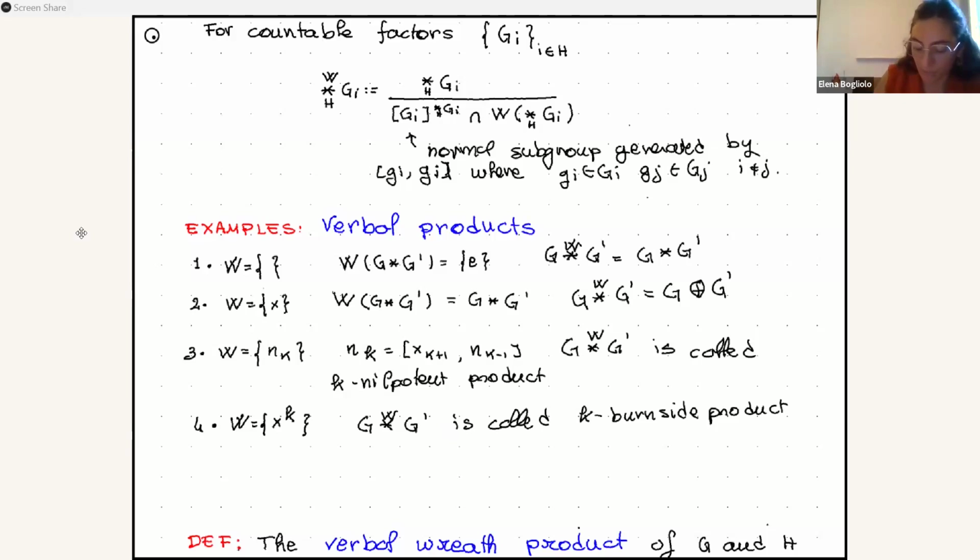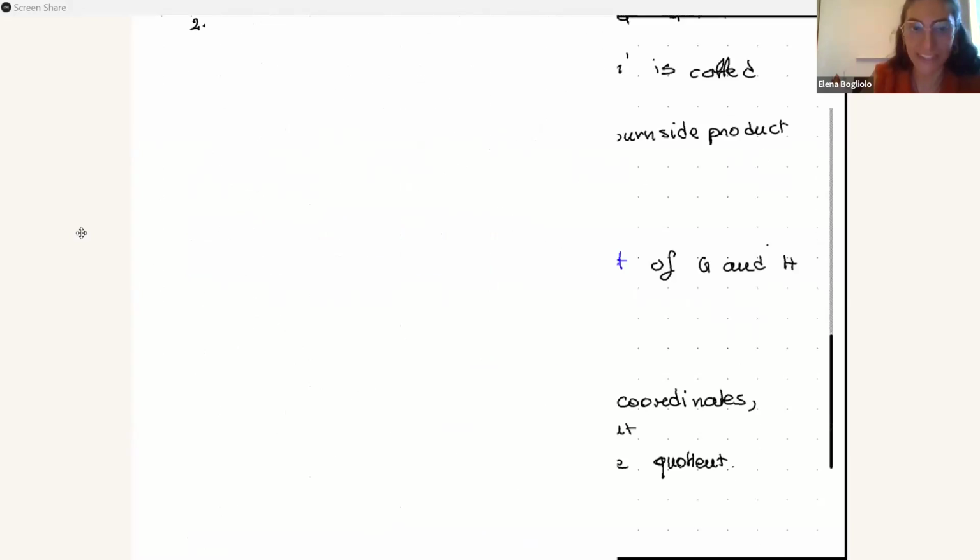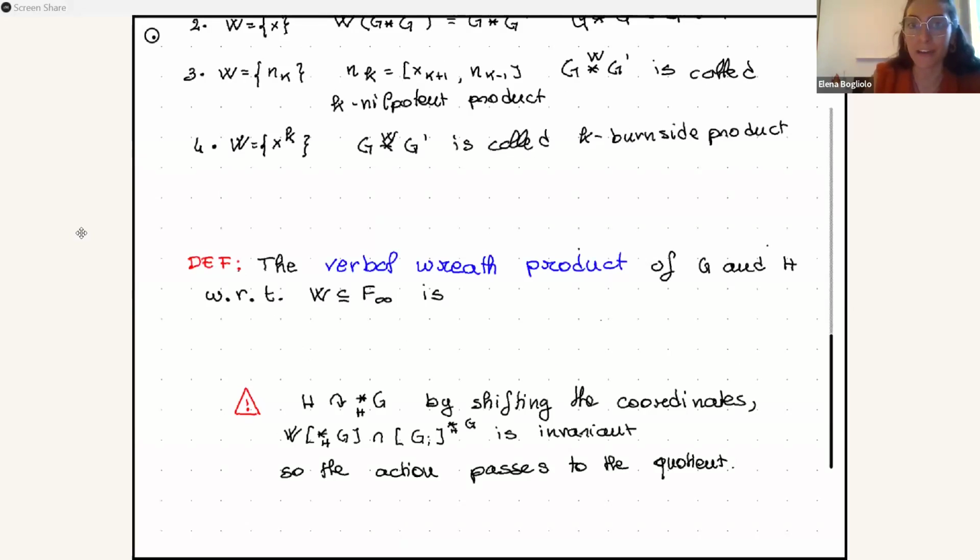And the verbal subgroup associated to W is the k-Burnside subgroup, the Burnside subgroup of the free product. Okay, so now you can probably guess what the definition of verbal wreath product will be.